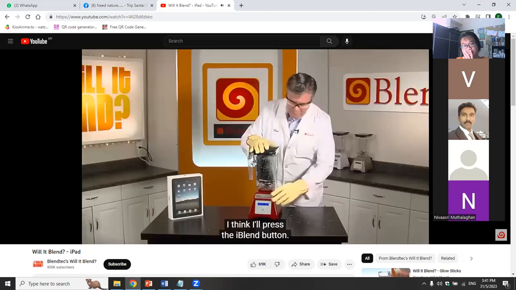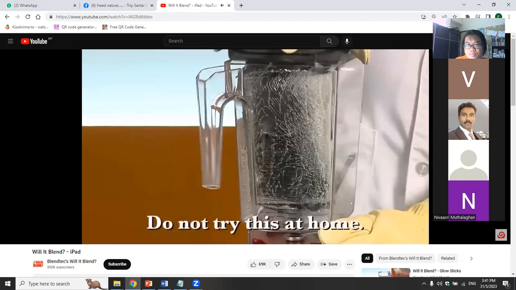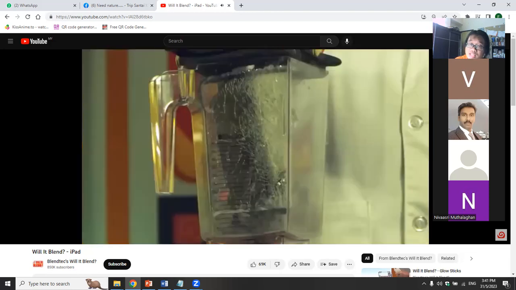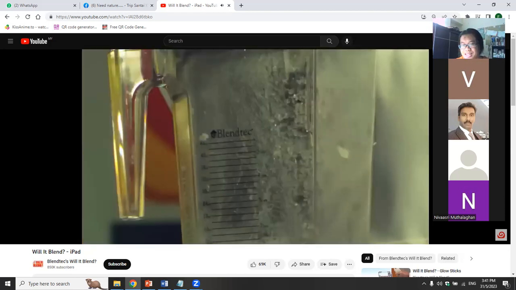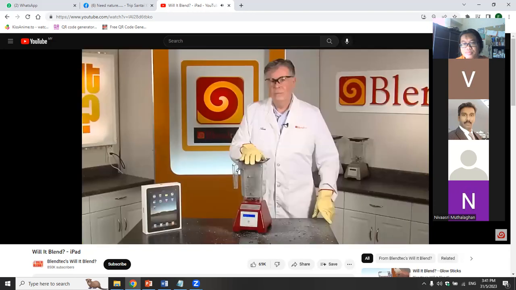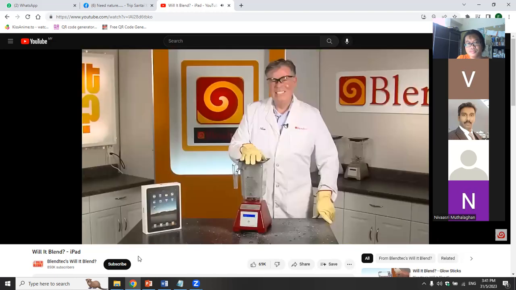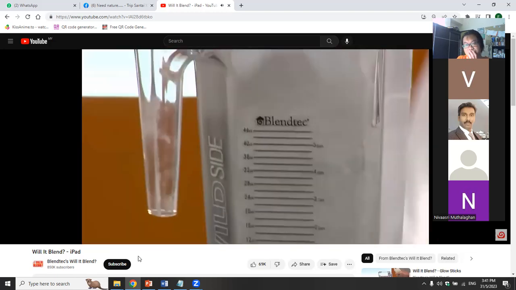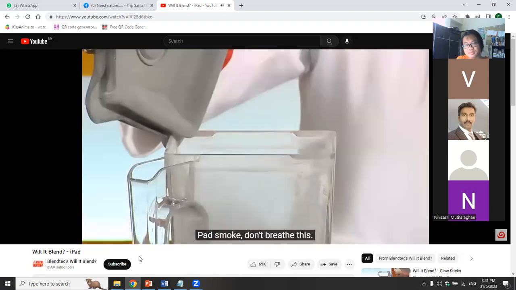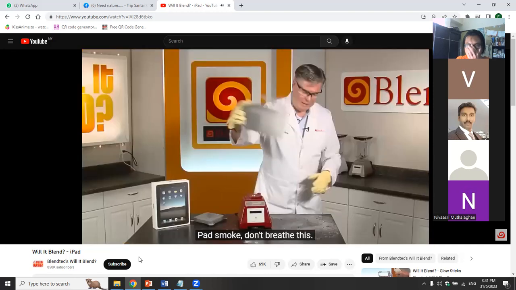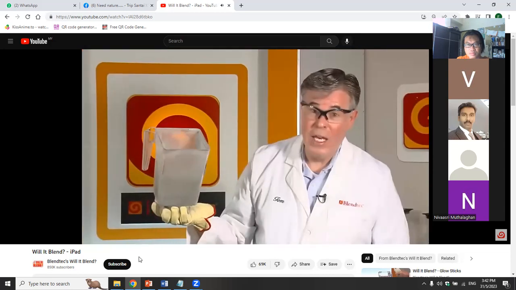I'll press the iBlend button. As you can see, it's blending the iPad. Don't get this. One tough pad.